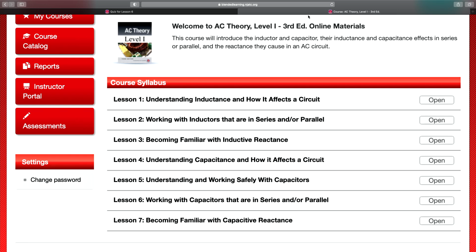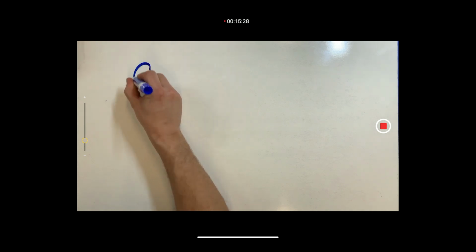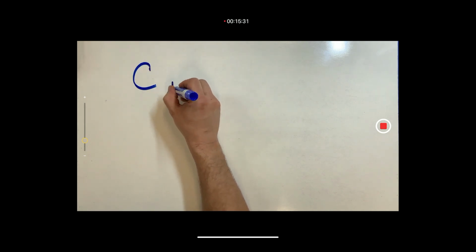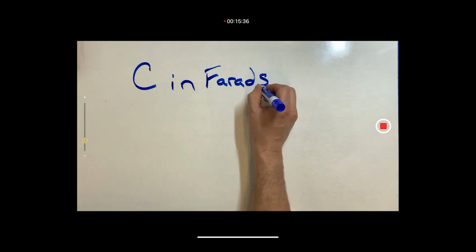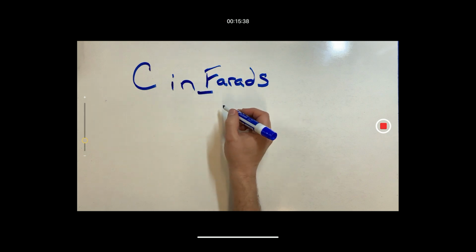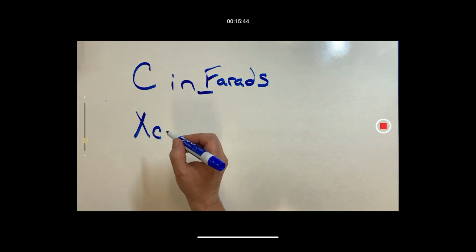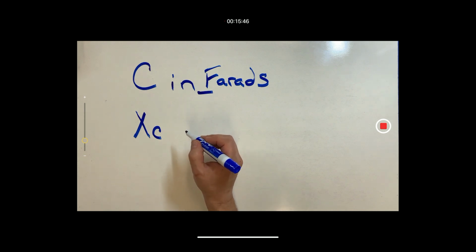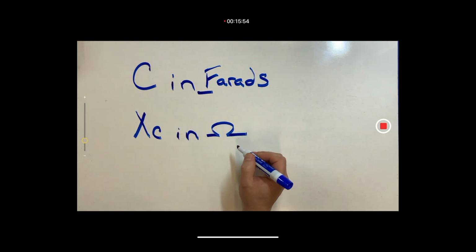Now, about capacitance versus capacitive reactance. I want you guys to remember from the lecture in class that if we are talking capacitance, we are measuring it in farads, or F. Where if we are talking about capacitive reactance, that is the ohmic value that happens from capacitance, and it is measured still in ohms.